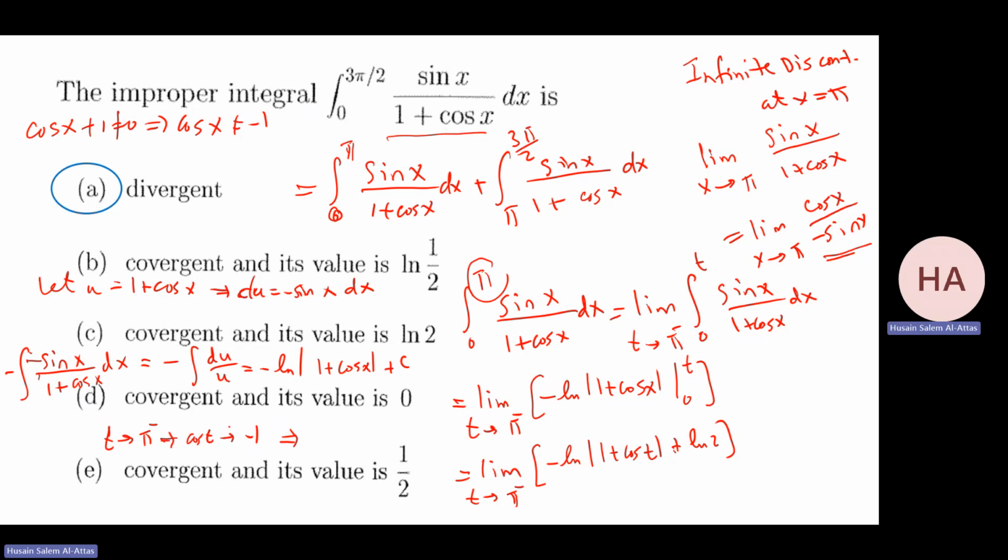That implies 1 plus cosine t will go to 0, and with the absolute value that will be positive. So this one will go to minus ln of 0, which is plus infinity, plus ln 2. So it goes to infinity, so it diverges.